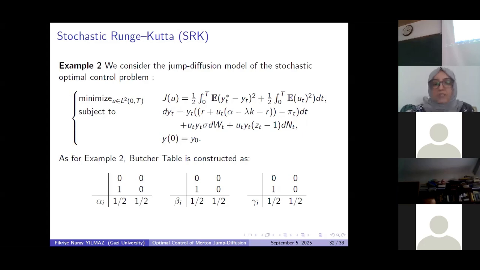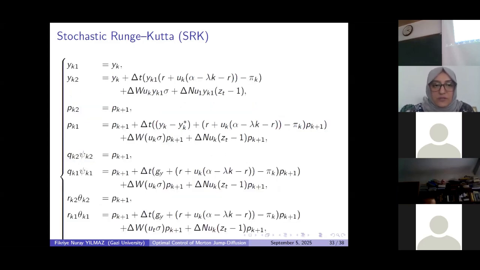In example 2, now we consider a stochastic term also. And in this case, we have 3 different Butcher tables, because we have a deterministic effect, a stochastic effect, and a jump effect. Let me show you the scheme by using this Butcher table.